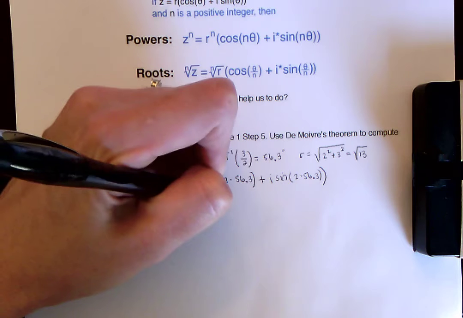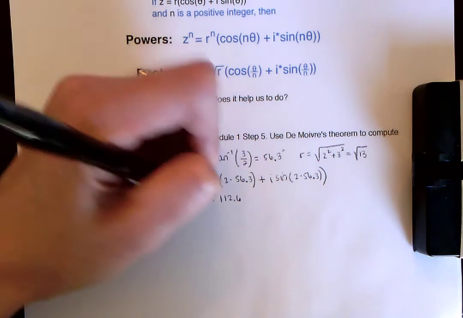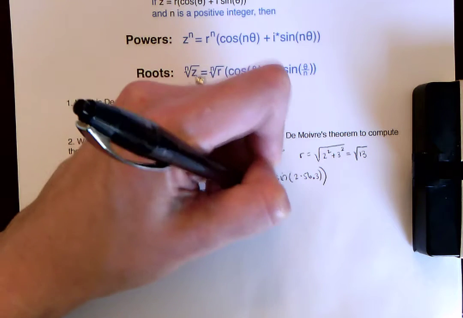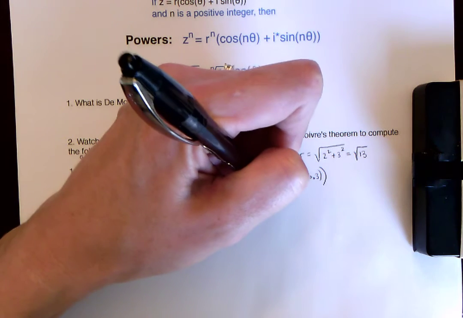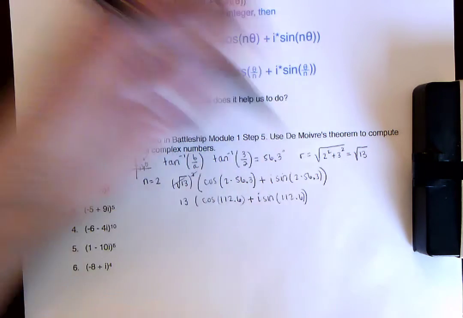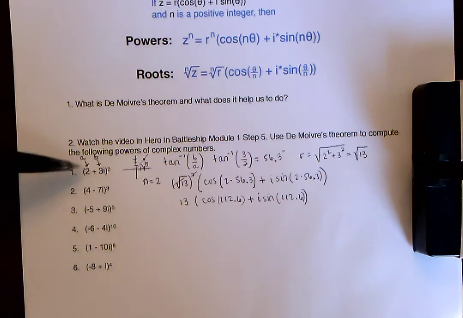So we're going to say 112.6 degrees. Okay. Plus i sine of 112.6 degrees. And there you have it. There is the answer for (2 + 3i) squared.